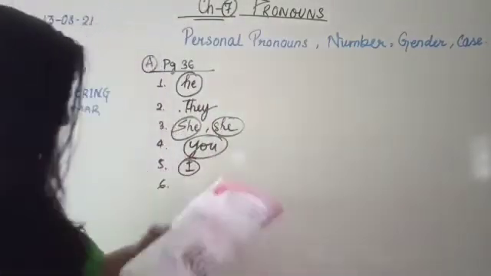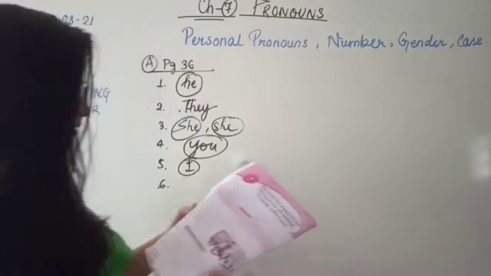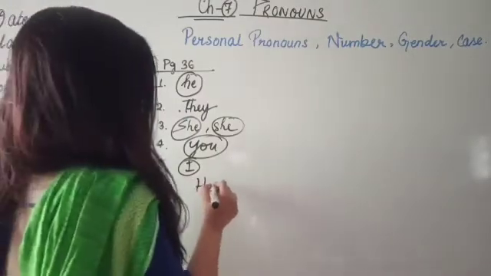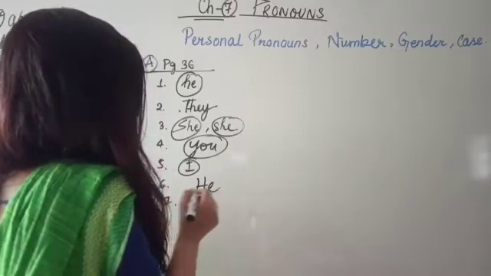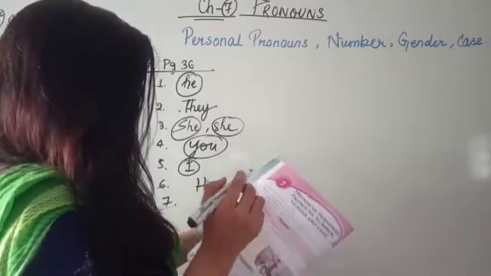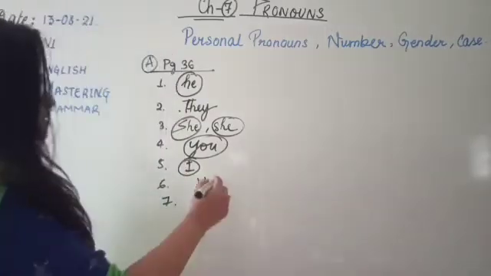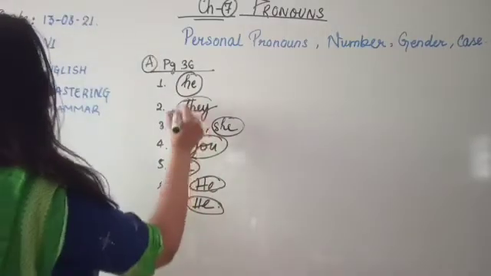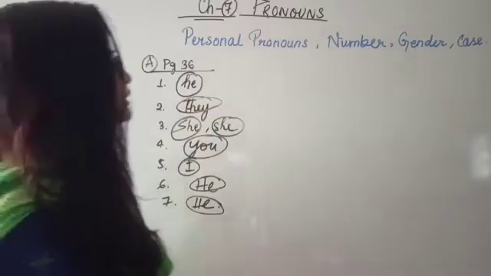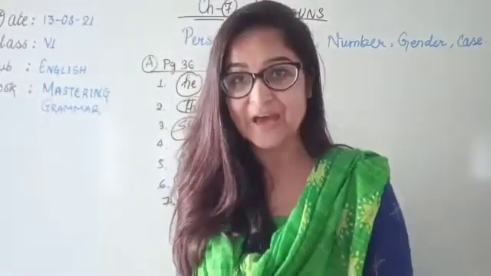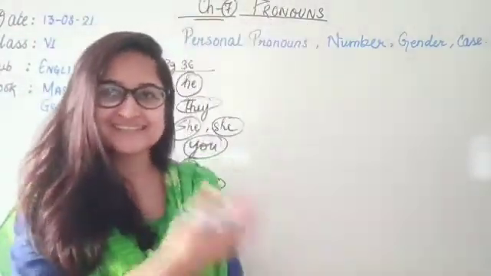Number 6. Rohan is a good boy. He. Number 7. He is the new boy in the class. Again we have he. So we got our pronouns everywhere. In all these sentences we have spotted the pronouns and circled them.